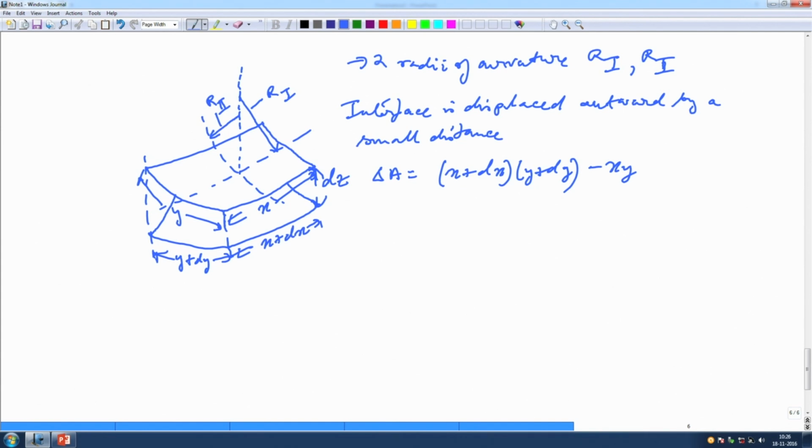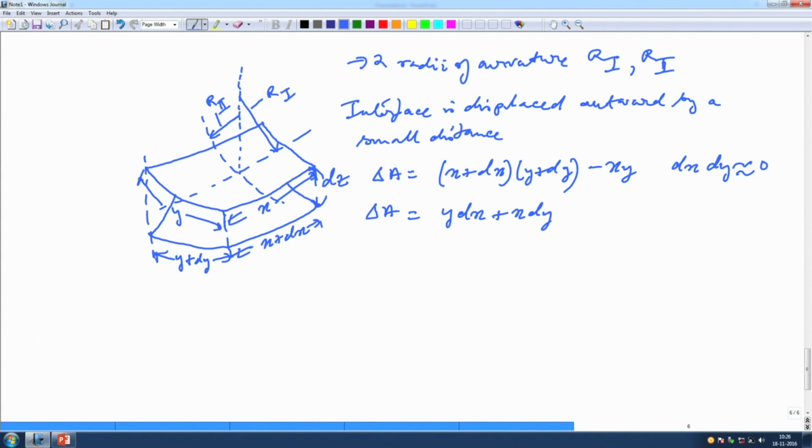So, if you subtract one from the other and if you recognize that quantities like dx dy are basically 0, that is because it is a product of two very small quantities, that can be construed as 0. So, delta A is given by y dx plus x dy. This is what you will get.